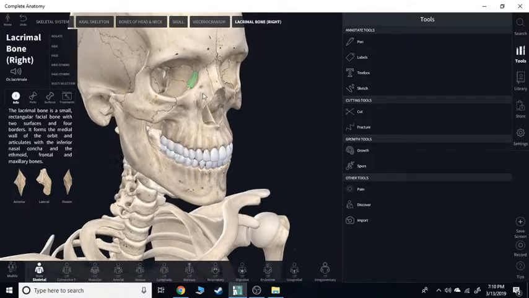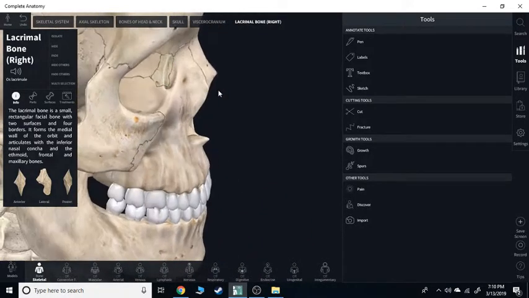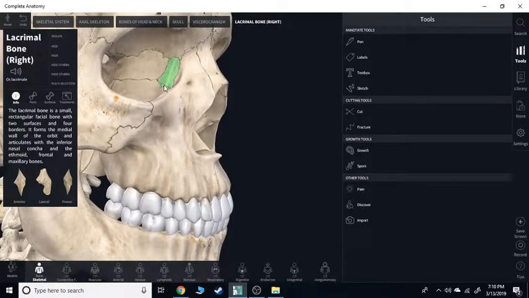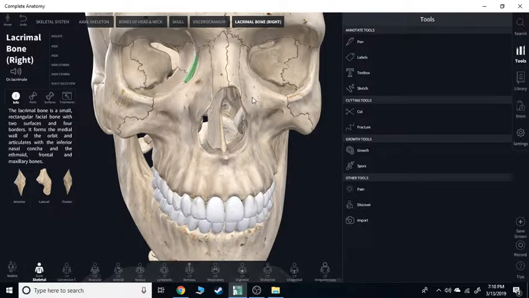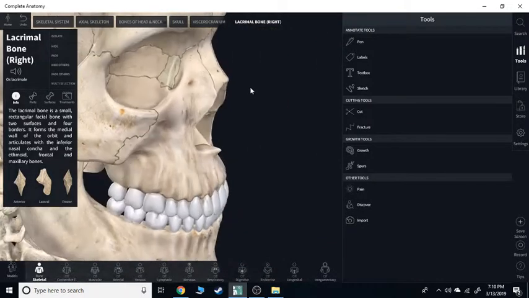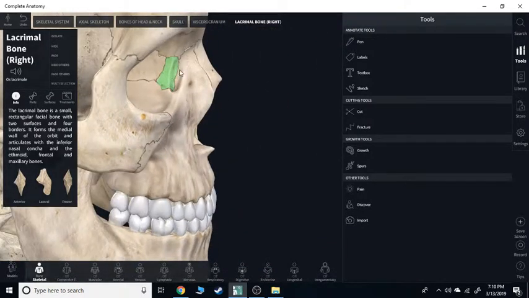They are right there. That little foramen right there is where your tear ducts are. It's called the nasolacrimal groove. That's the nasolacrimal groove.